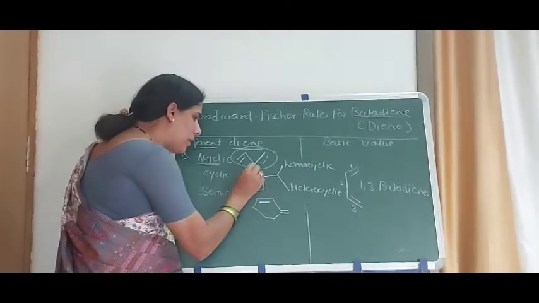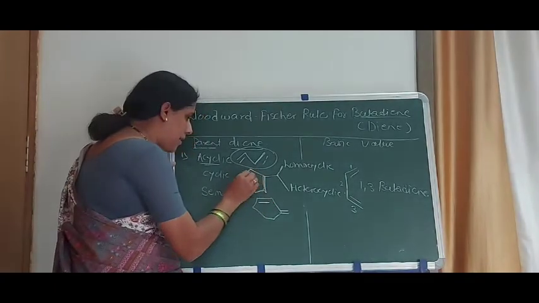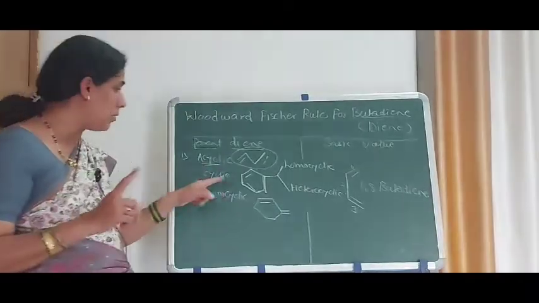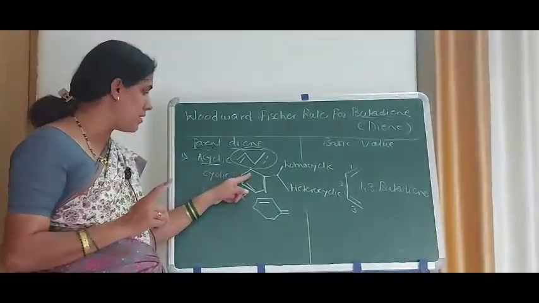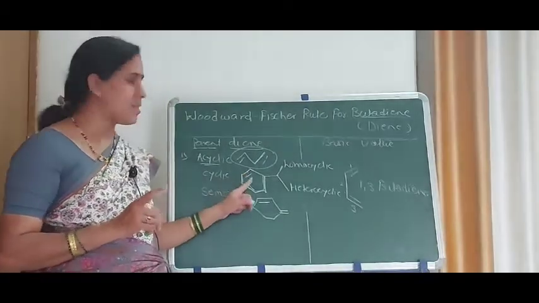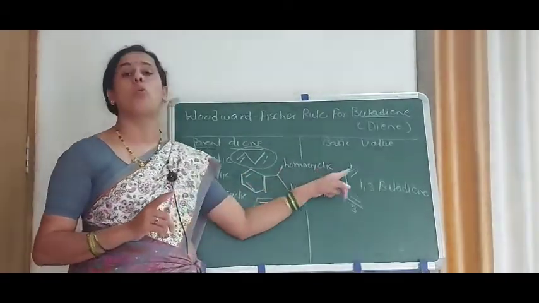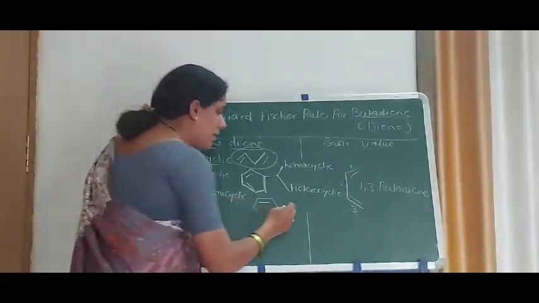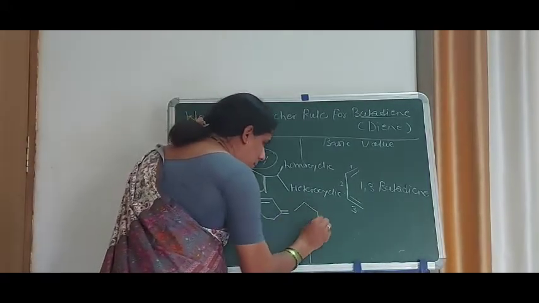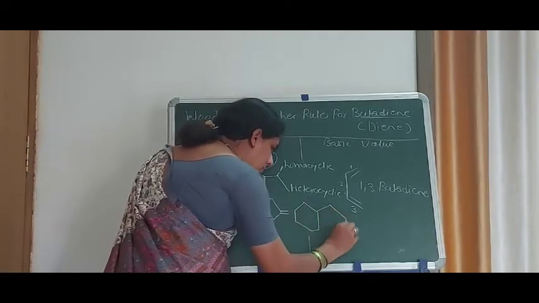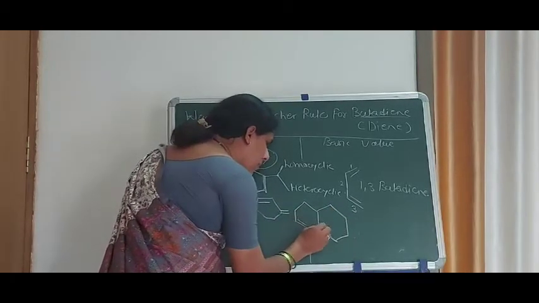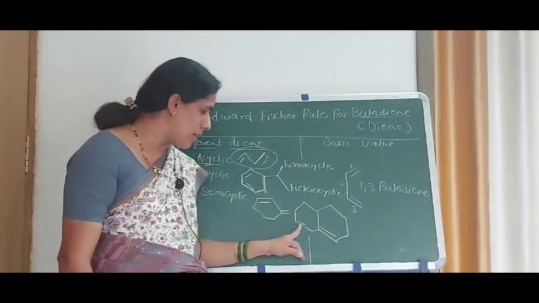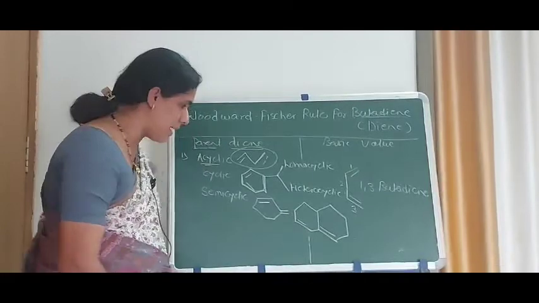There is only one benzene ring, but the double bond and single bond conjugation are present in the same ring, so it is called a homocyclic butadiene. And if it is heterocyclic, what is the structure? Like this. That is 2 rings, but the butadiene system is present like this.